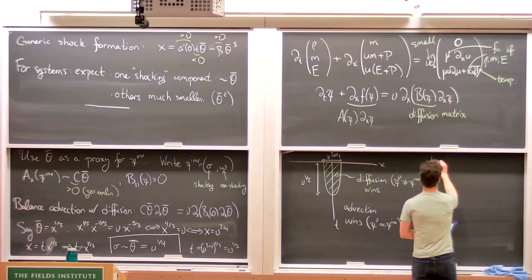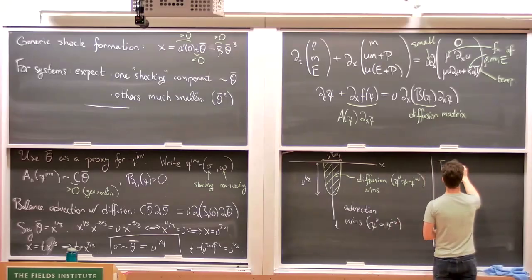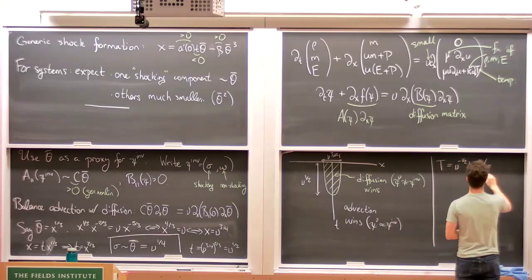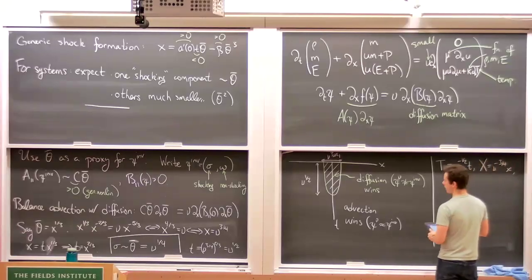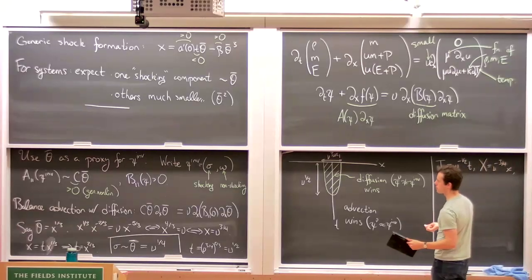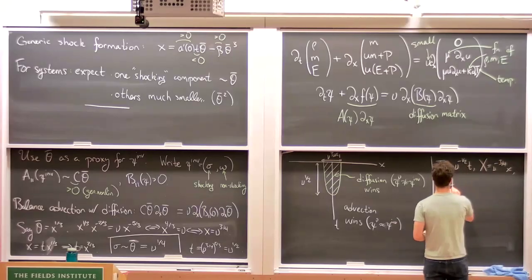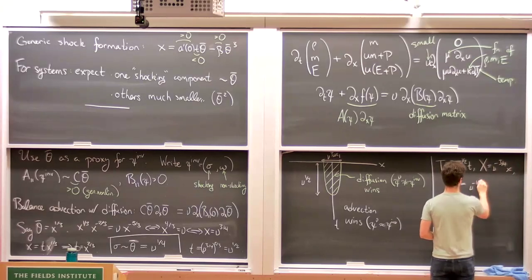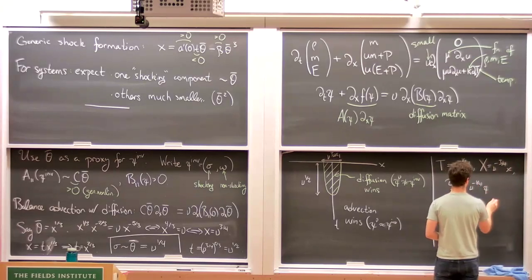So I'll introduce these blown up coordinates. I think I'll often refer to them as inner coordinates. So I'm rescaling time by nu to the 1/2, space by nu to the 3/4. And I need to blow up my solution as well, otherwise I won't see anything. So I'll have a capital psi, which is nu to the -1/4 of little psi.